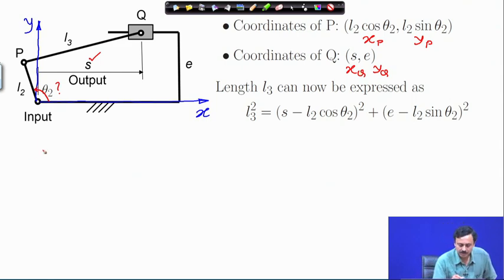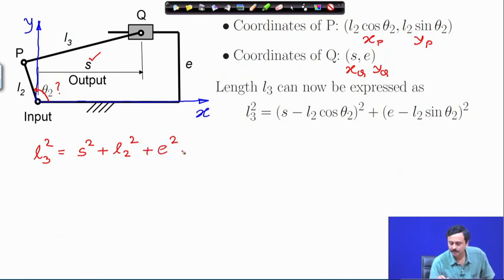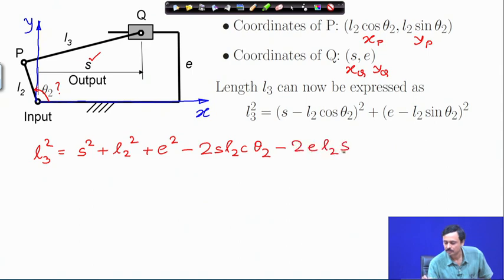Therefore, let me open this out. S square plus L2 square plus E square minus 2 S L2 cosine theta 2 minus 2 E L2 sin theta 2.